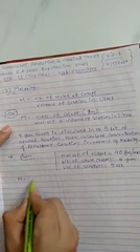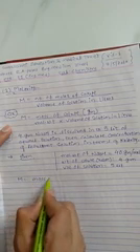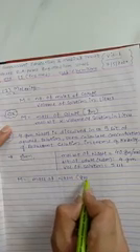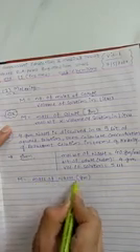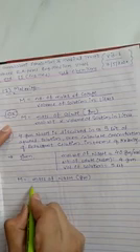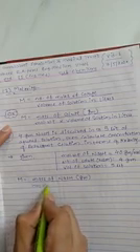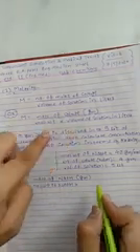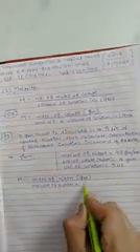So I will write the formula: molarity M is equal to mass of NaOH in gram upon molecular weight of NaOH into volume of solution in liter.